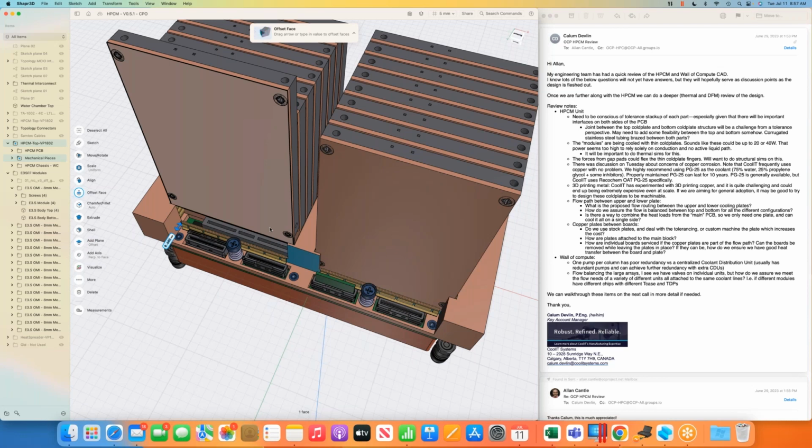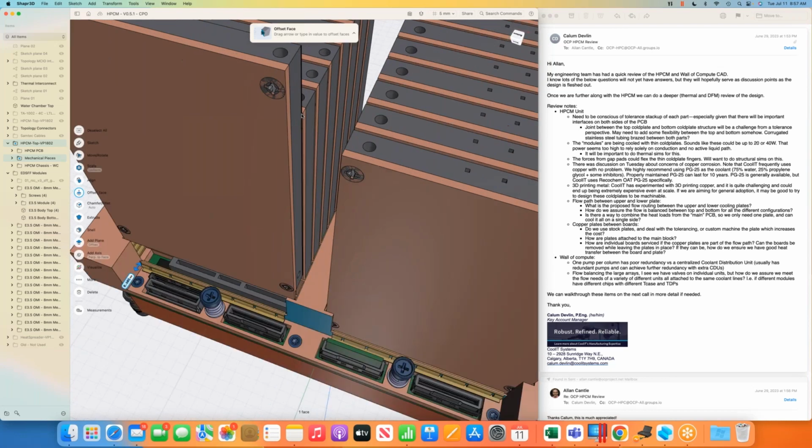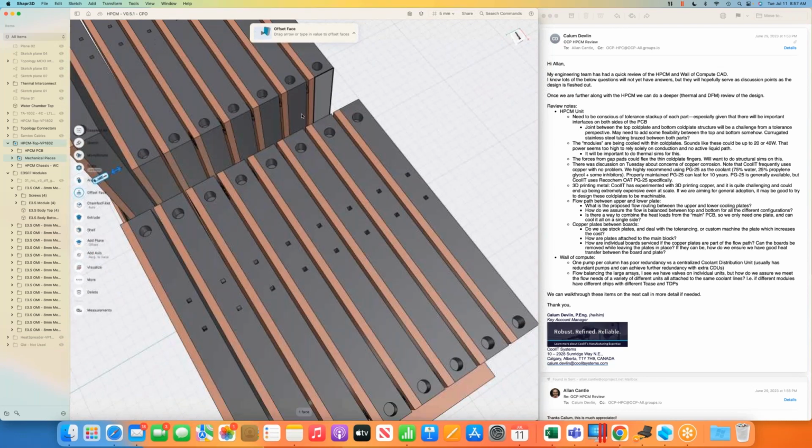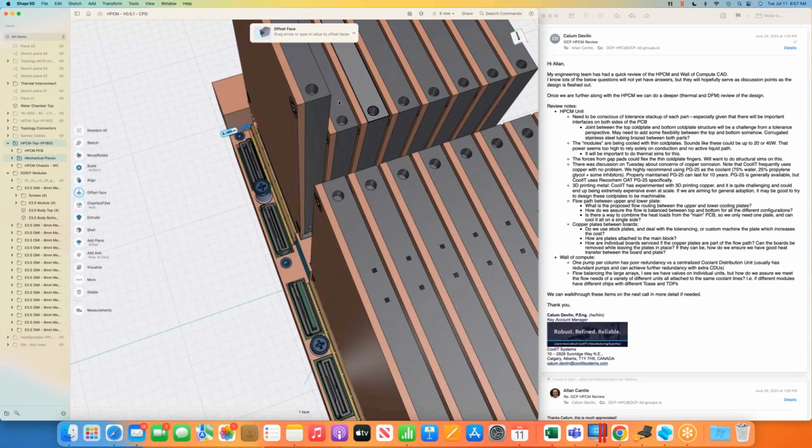Hey Alan, when you're talking about adding in that 1 millimeter at the bottom, will that increase the gap between the modules? Effectively, yes. The industry standard for the EDSFF is that these modules are 7.5 millimeters wide, and the gap is 9.3 millimeters.